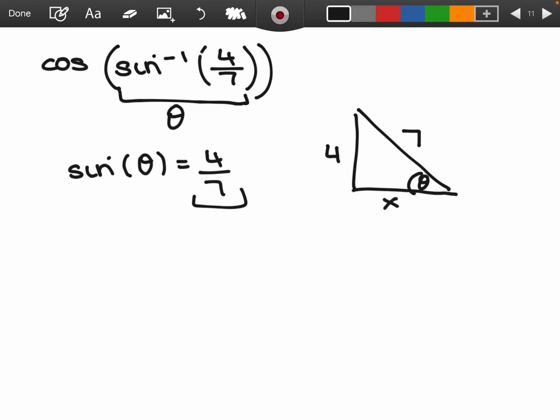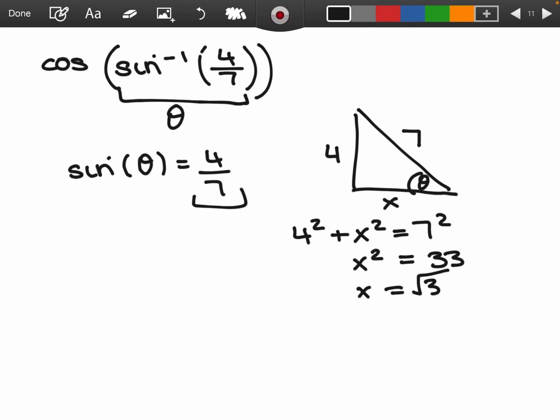I don't at the moment know what the adjacent side is. I can find that by using Pythagoras' theorem. So 4 squared plus x squared is equal to 7 squared, telling me that x squared is going to be 7 squared minus 4 squared, which is 33, and x is going to equal the square root of 33.